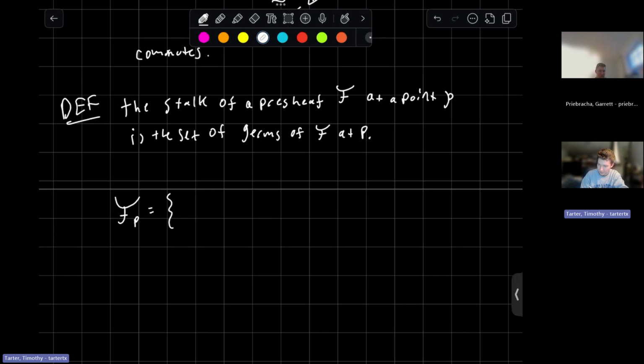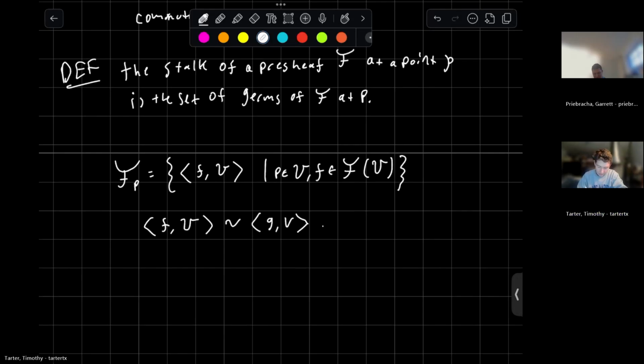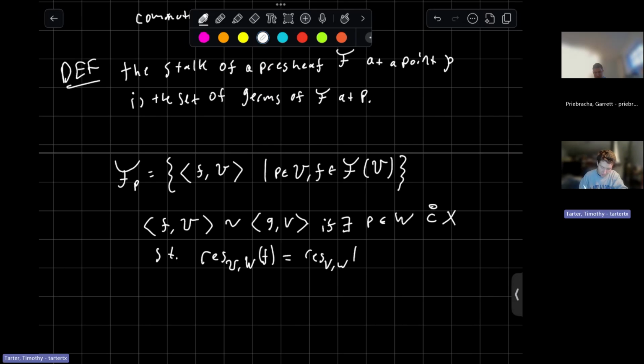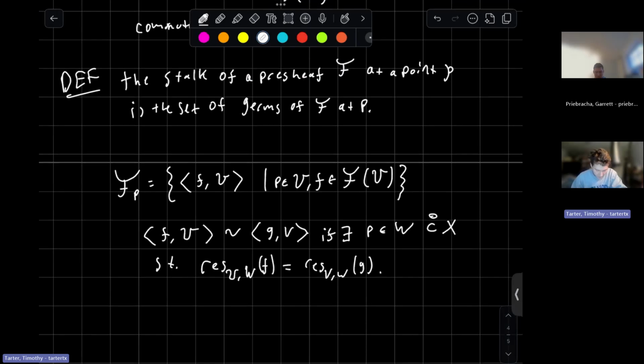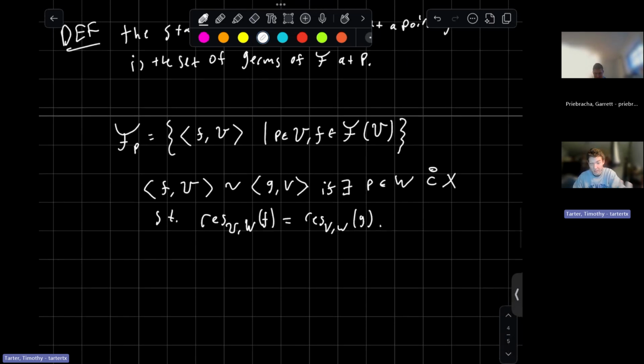So F_P is equal to the same thing that we've been seeing with F and U, where U is open in the topological space such that P is in U, and F is in the sections on U. And then F in U is similar to G in V if there exists W, with P in W open in X, such that the restriction map of F from U to W equals the restriction of G from V to W. This is very similar, but in sheaf notation, and it sets up very quickly the gluing idea.